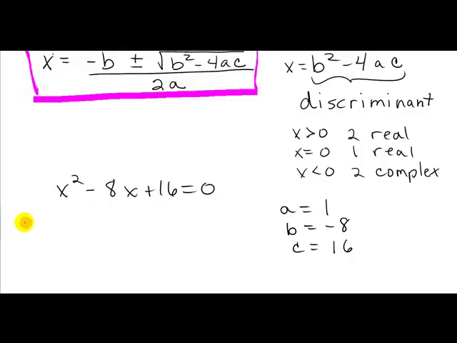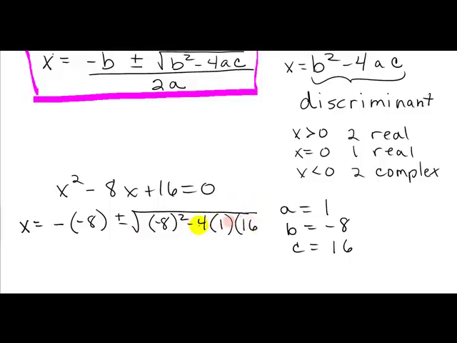So I have x equals negative b, which is negative 8, plus or minus the square root of b squared, so it's negative 8 squared minus 4 times a times c, and all of this is over 2 times a.